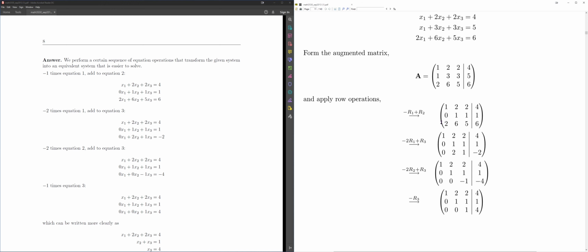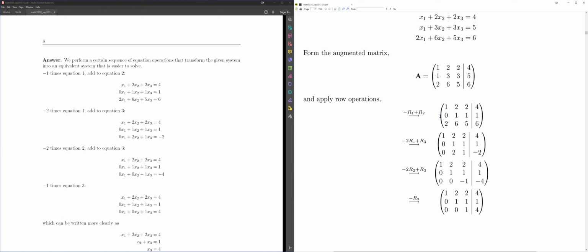This one over here is equal to this one, and I'm going to multiply this by minus 2 and add it to this. You're just multiplying the coefficients over here by minus 2 and adding it to your third equation.